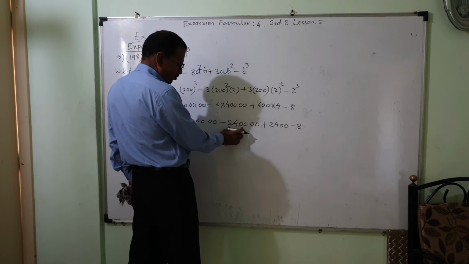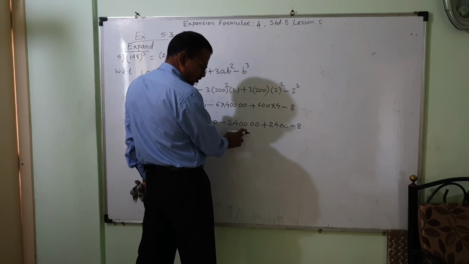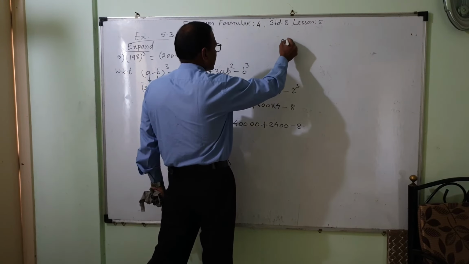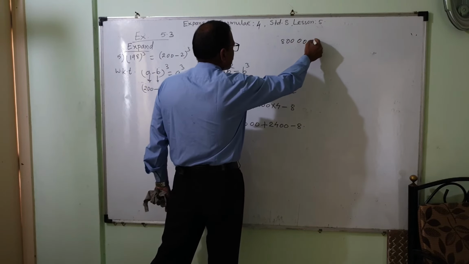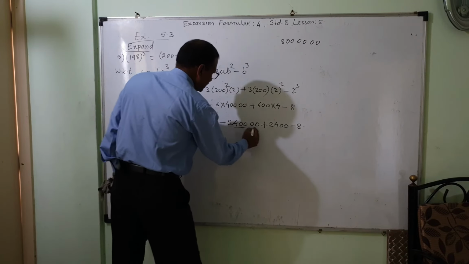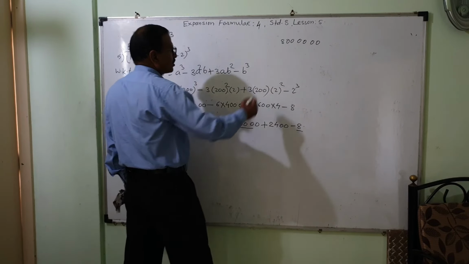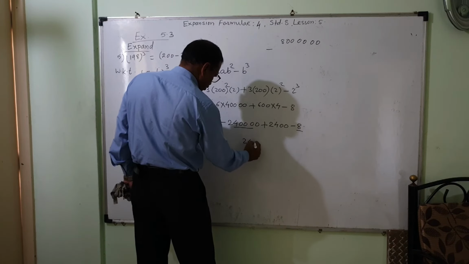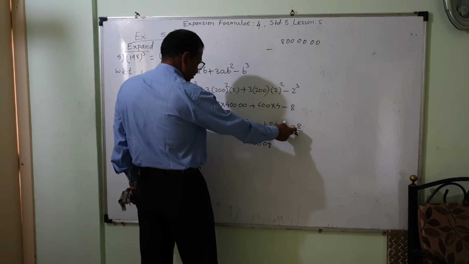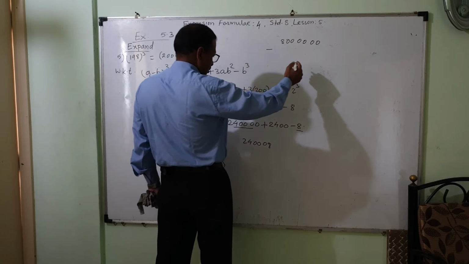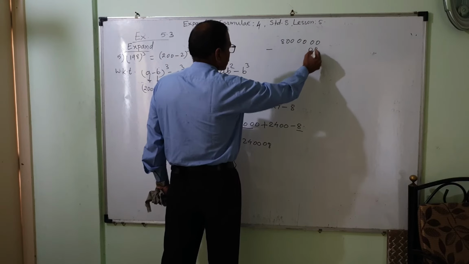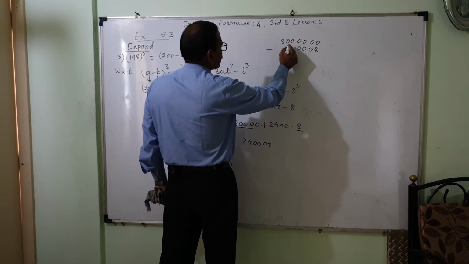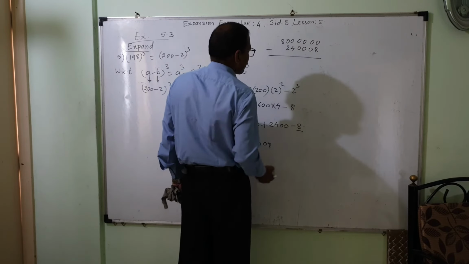This is minus 240000 and minus 8. This will be the total of these negatives. See this subtraction properly.